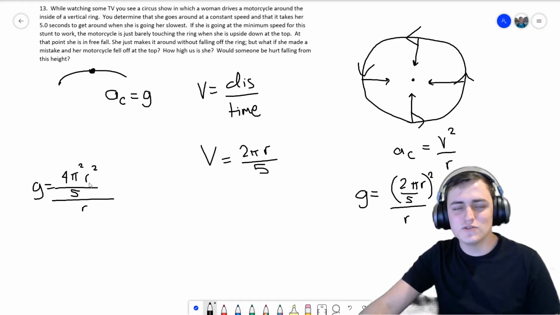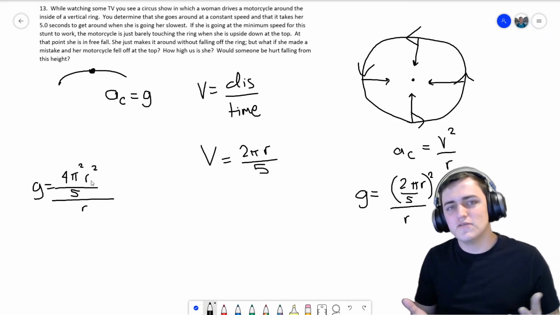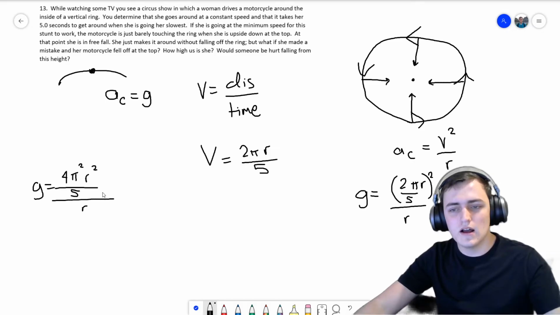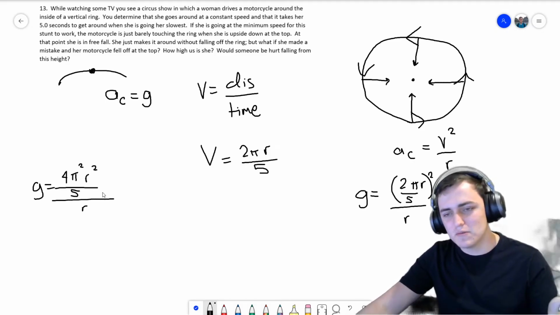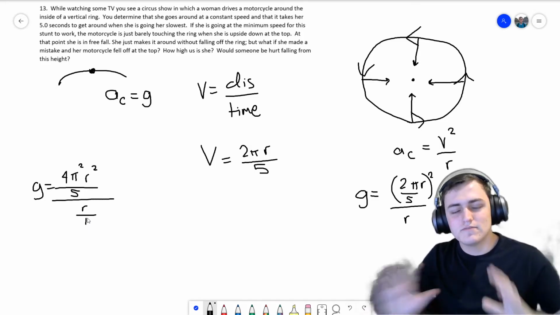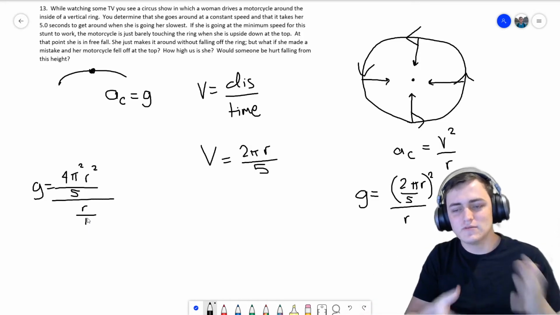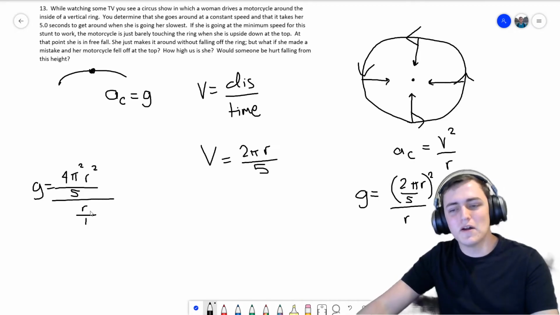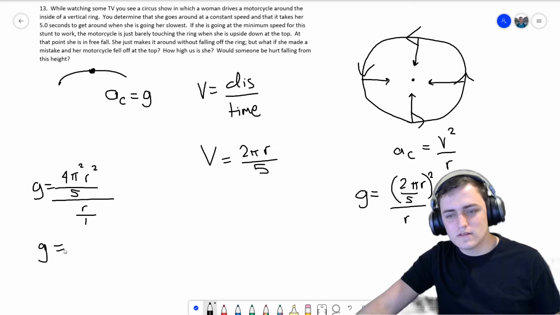So how do we handle two fractions? This is one of the confusing things about the algebra in this problem. When you have two fractions, you can take the fraction in the bottom, and rather than dividing by it, you can rewrite it as multiplying by its reciprocal.